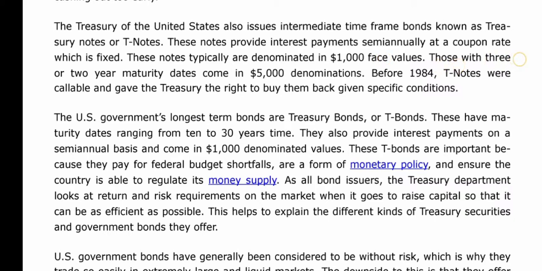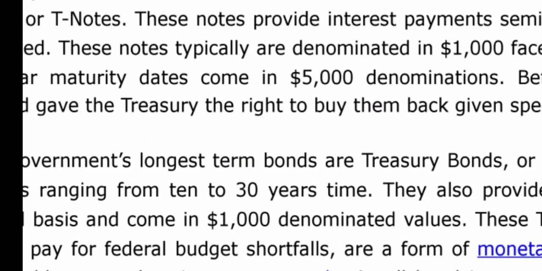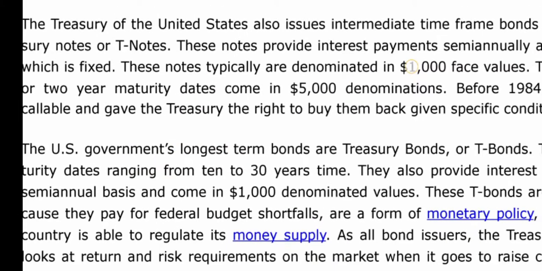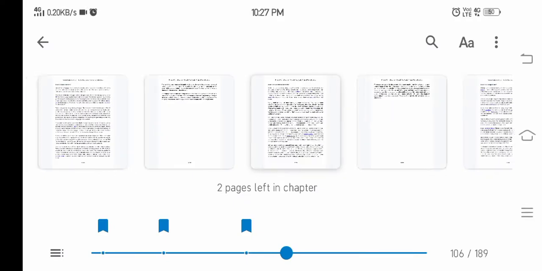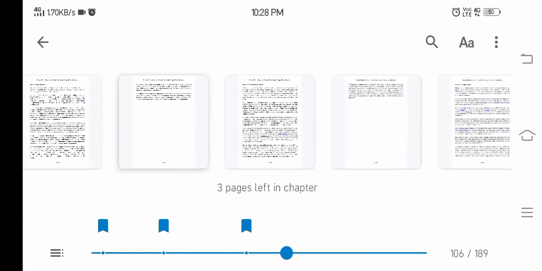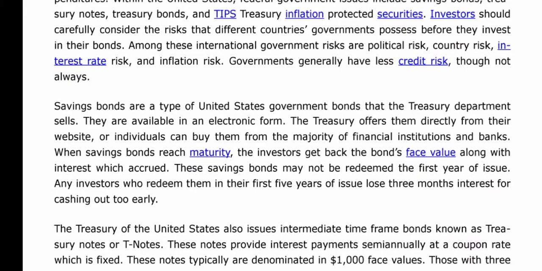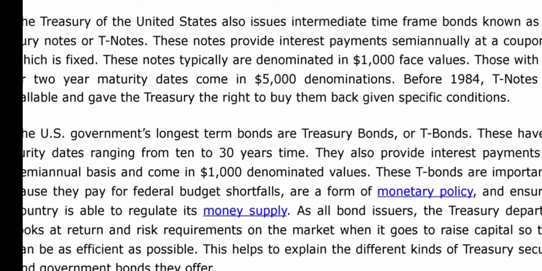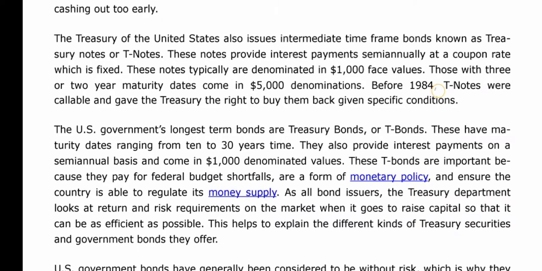Those with 3 or 5 year maturity dates come in $5,000 denominations. Before 1984, T notes were callable, giving the Treasury the right to buy them back given a specific condition.